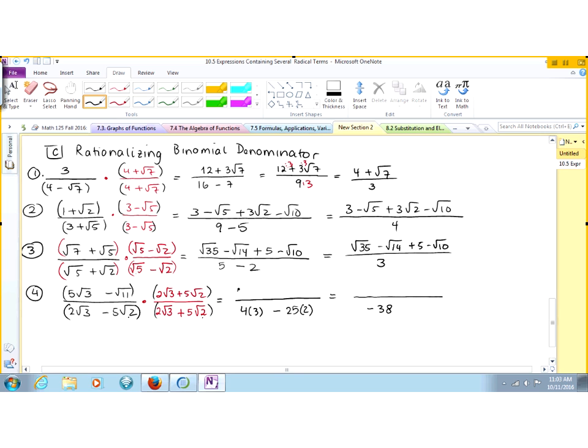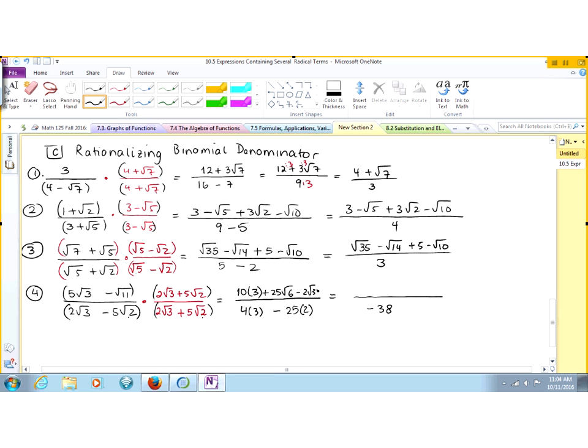So now let's multiply the top. So 5 square root of 3 times 2 square root of 3. 10 times 3. Or 10 times square root of 9. Right? But we also know square root of 3 times square root of 3 is 3. Outer, plus 25 times square root of 6.